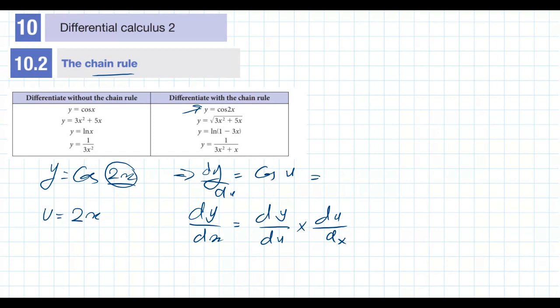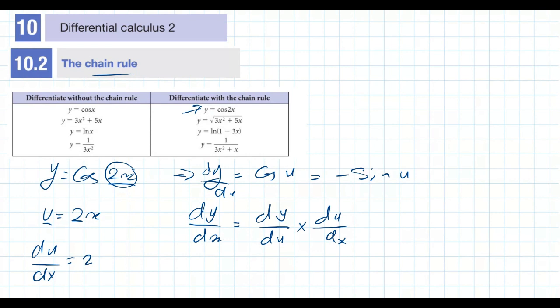Cosine u becomes negative sine u, right? And u, you differentiate with respect to x. Then du over dx becomes 2, right?